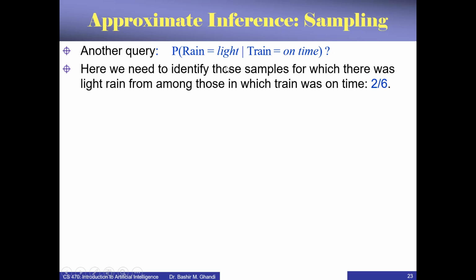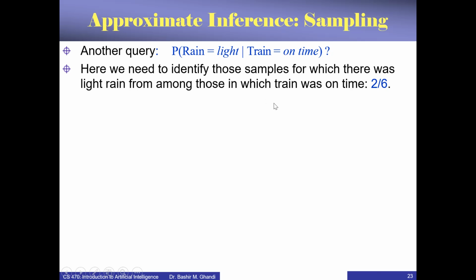We don't consider all the samples. We consider only those samples for which the train is on time, and then count those for which there was light rain.